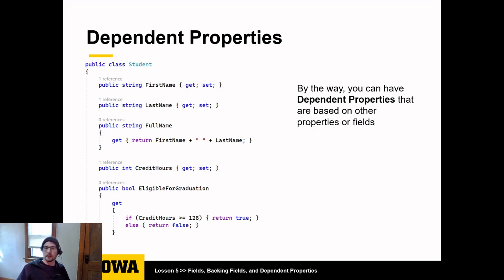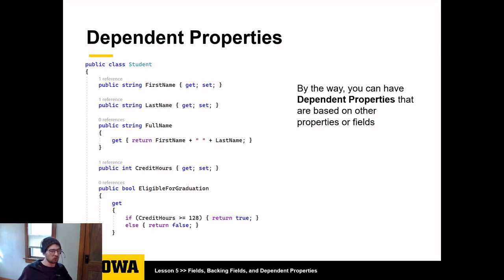Okay, one more thing to add here is this idea of dependent properties. Because we have this syntax where we can add in special instructions for getting a value or for setting a value, we can also make properties that are not dependent on any of these private fields.